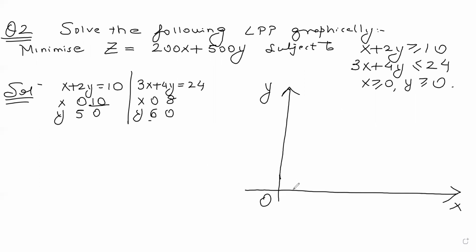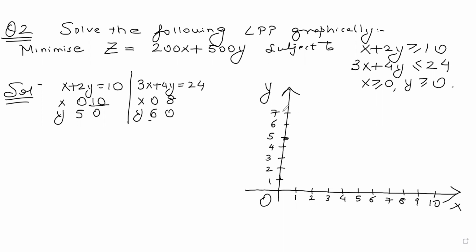So I can write 0, 1, 2, 3, 4, 5, 6, 7, 8, 9, 10. And this is with 1 centimeter gap. They are all equidistant.